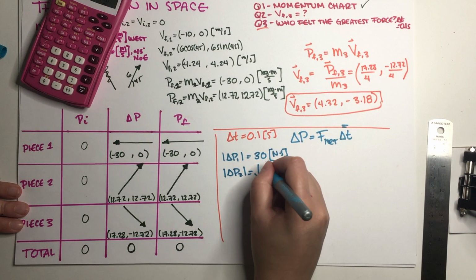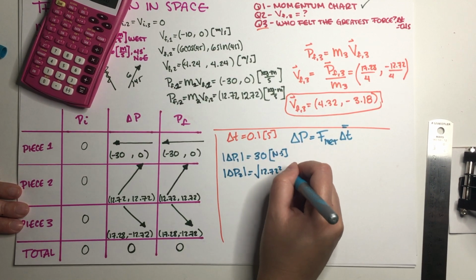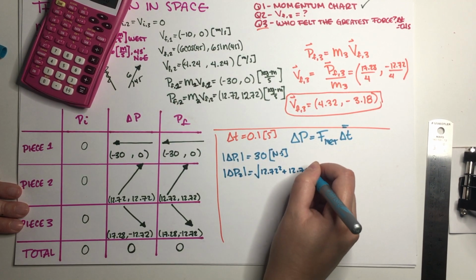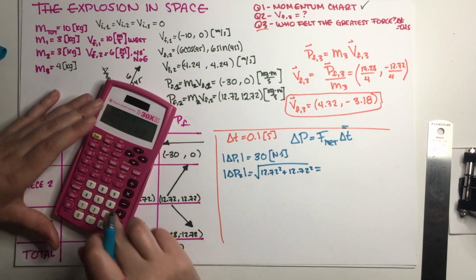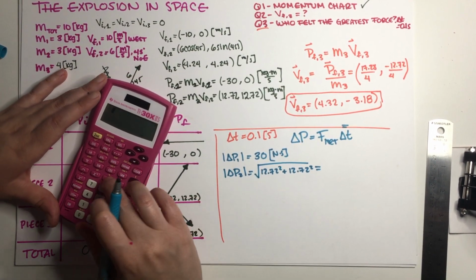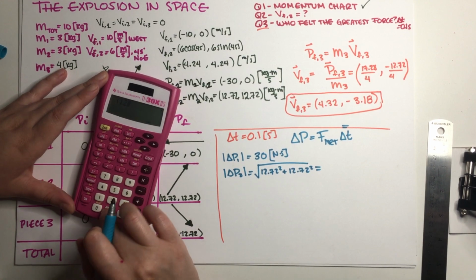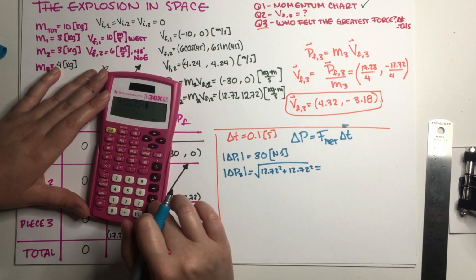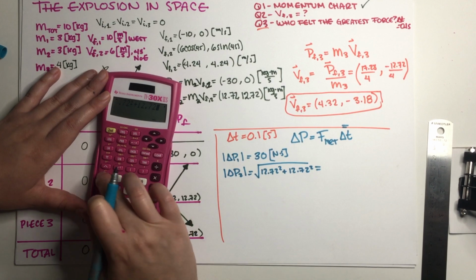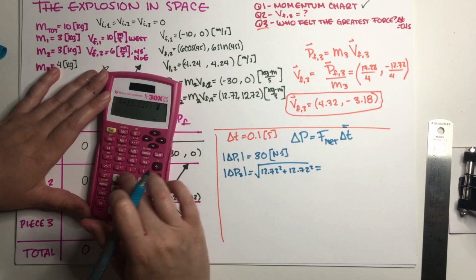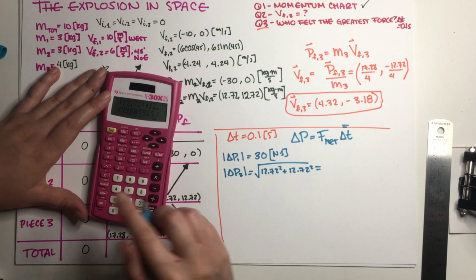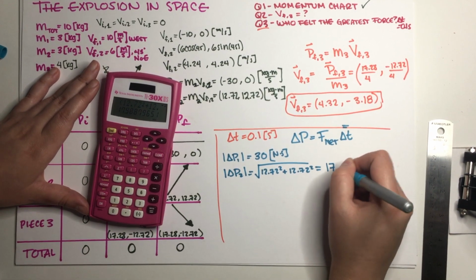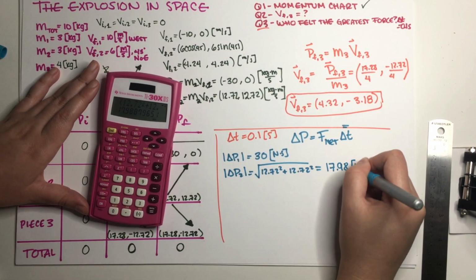The magnitude of the second one, I need to use my Pythagoras theorem. This is just going to be 12.72 squared plus 12.72 squared. And let's figure that number out really fast. 12.72 squared plus 12.72 squared, close parentheses, give me the square root, 17.98.